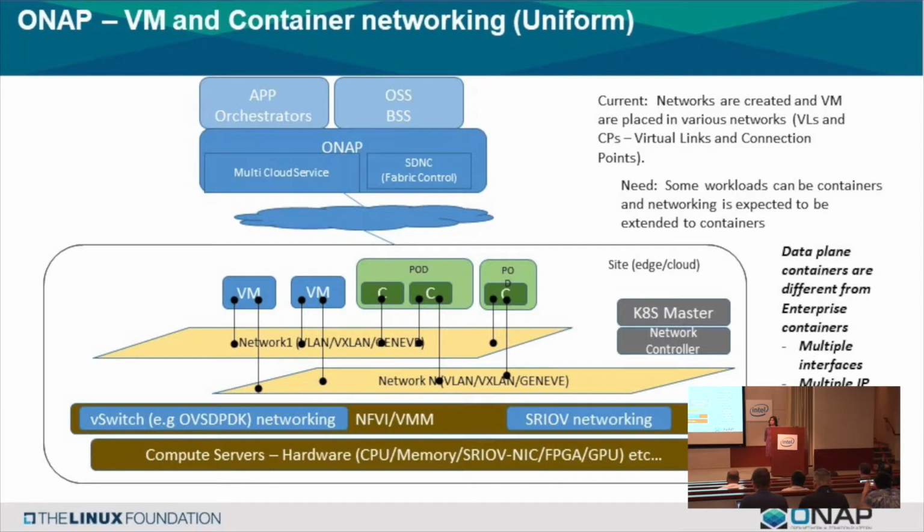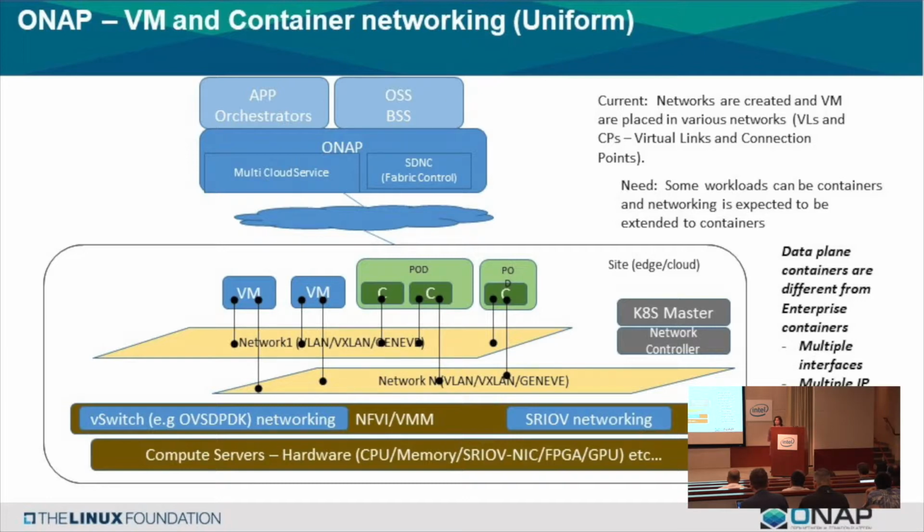One of the things about data plane containers is that they need multiple interfaces, and that is currently a drawback of Kubernetes, which only allows one network per container. But there is work in the Kubernetes community being done to add multi-network support.